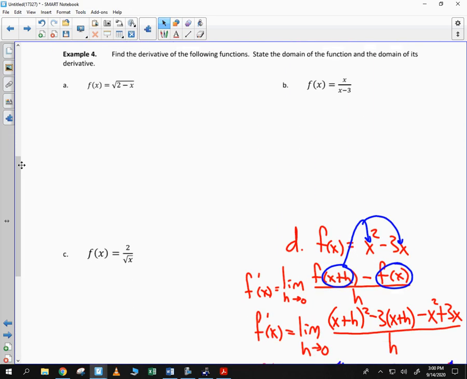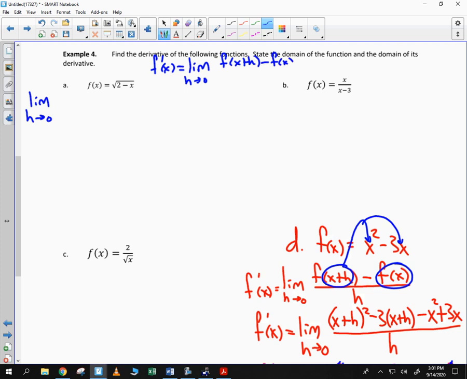We're going to do that same thing here. Again I'll write it up here: f prime of x is equal to the limit as h goes to 0 of f of x plus h minus f of x all over h.